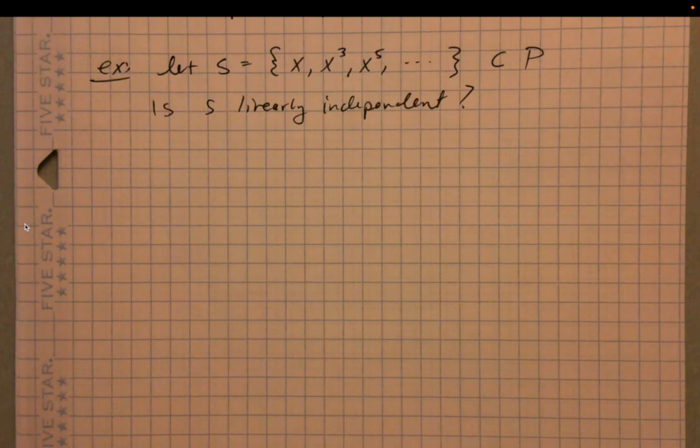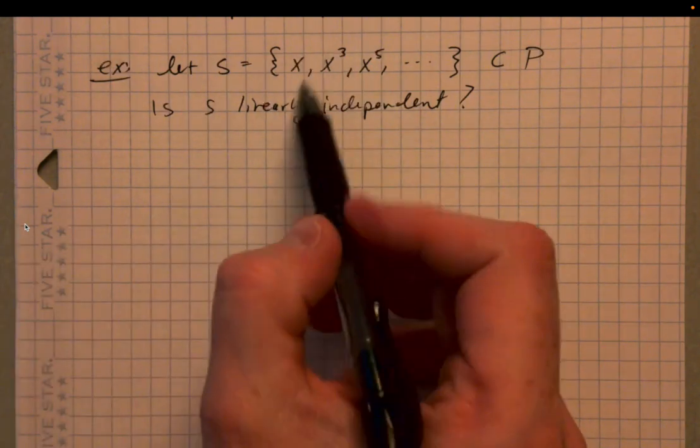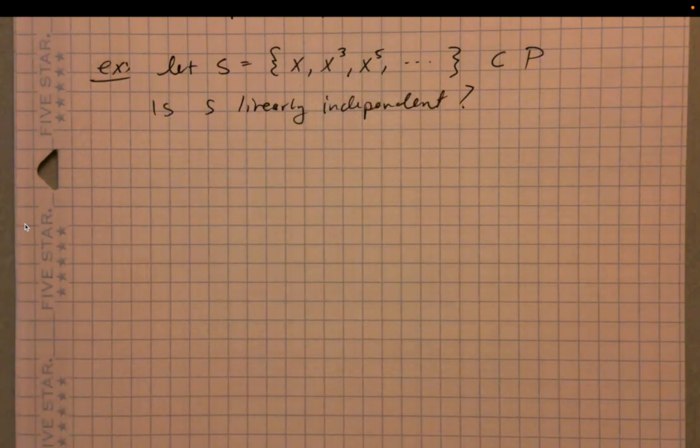Well, this is a linearly independent subset of this larger set P. It's because S contains the powers of x that are odd, and beyond that, all of the powers of x have distinct exponents. So if all of the exponents of the elements of S are distinct, then any finite linear combination of these powers can produce the zero polynomial only if the coefficients are all zero.